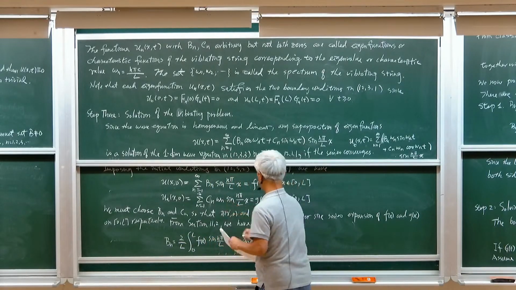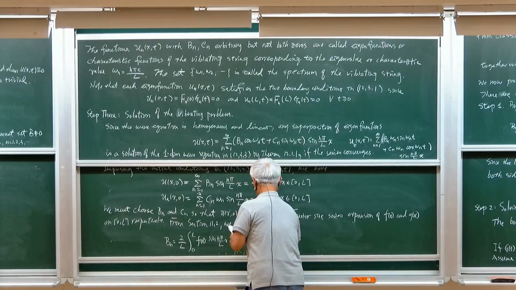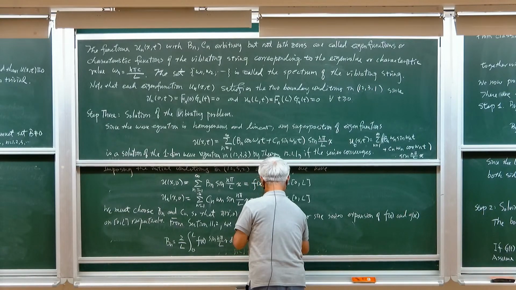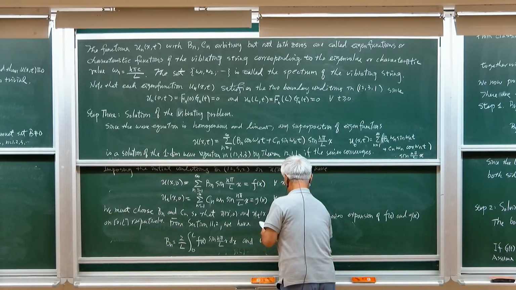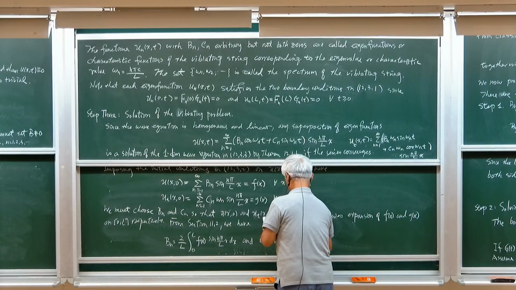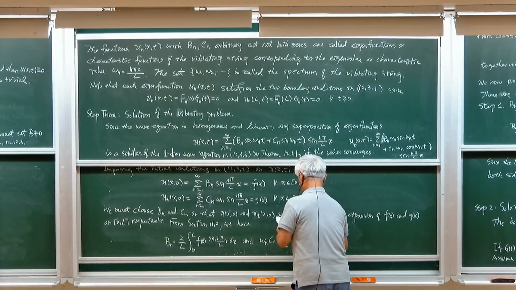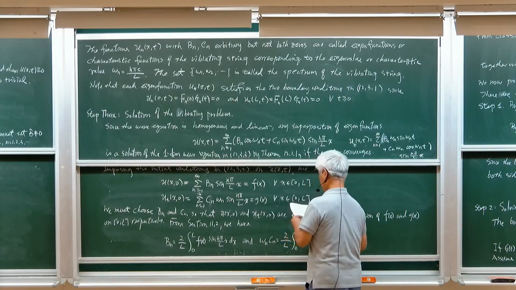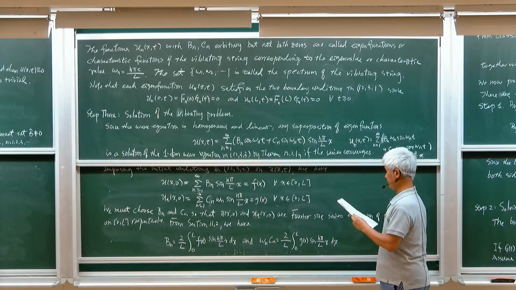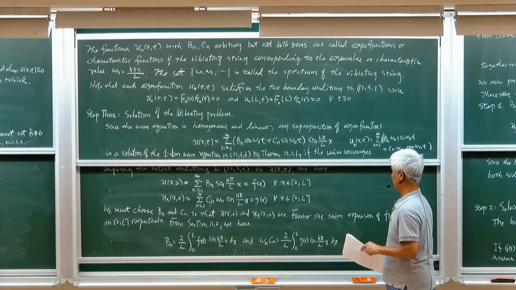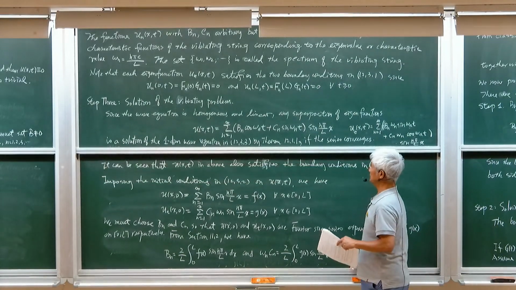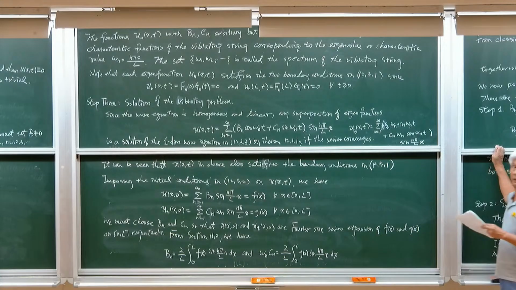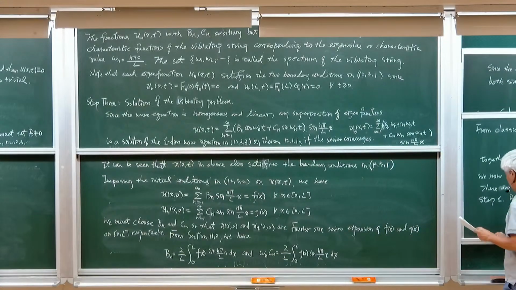And the coefficients omega n Cn equal 2 divided by L, integral from 0 to L of g(x) sine(n pi x / L) dx. Okay, so this is what we have.